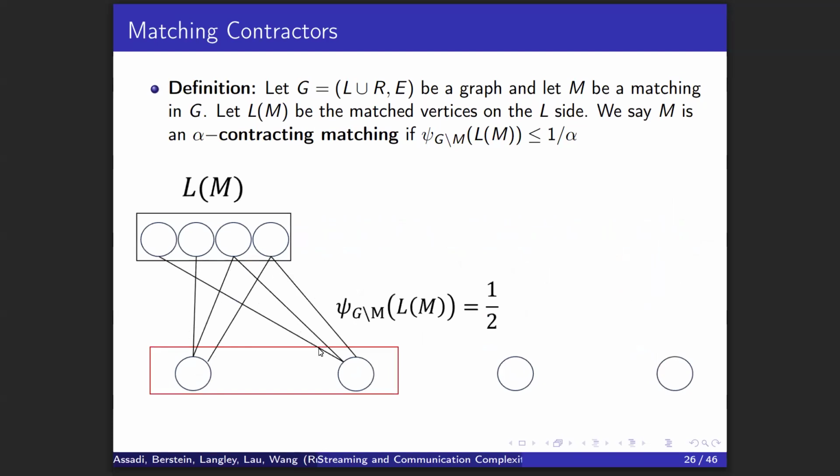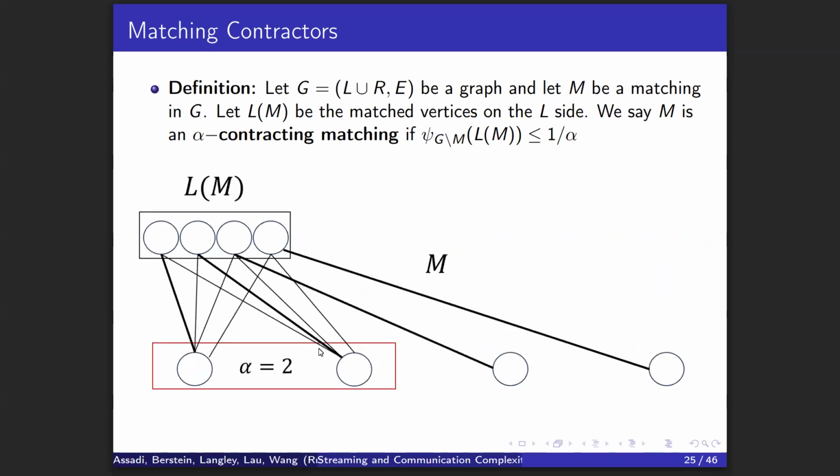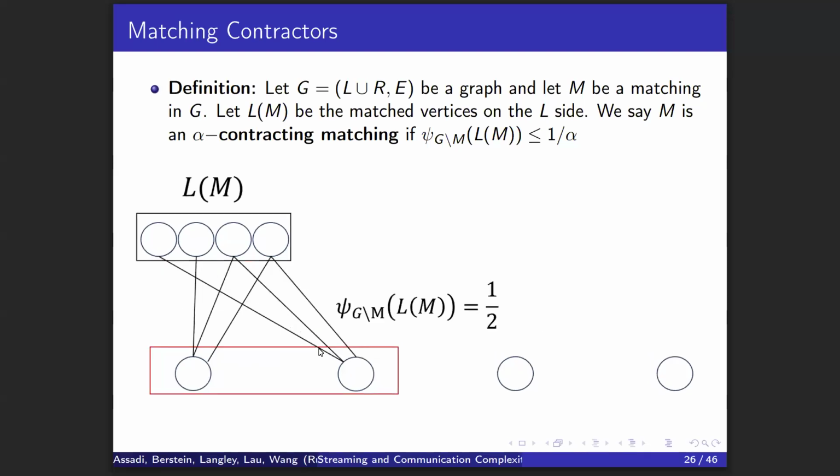In this case, with the matching over here, LM of course has vertex expansion 1 because it's on one side of the matching. But after we remove this matching, the vertex expansion becomes 1/2 because all the other edges coming out of LM are captured by these 2 vertices over here. And so this is a contracting matching. And then the graph is a matching contractor if the entire set of edges comprises a union of contracting matchings.